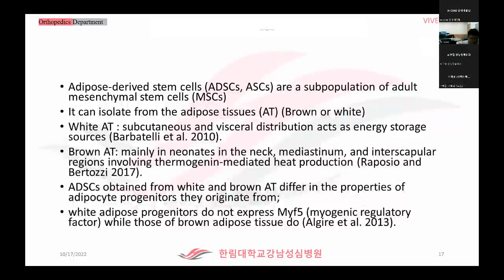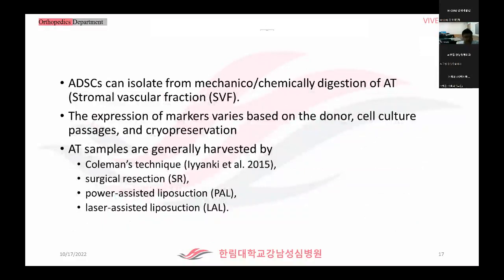So adipose-derived stem cells obtained from white and brown adipose tissue differ in their properties. White adipose progenitors do not express myogenic regulatory factor, while brown ones express the myogenic regulatory factor. This is the fundamental difference between adipose-derived stem cells from white and brown adipose tissue.